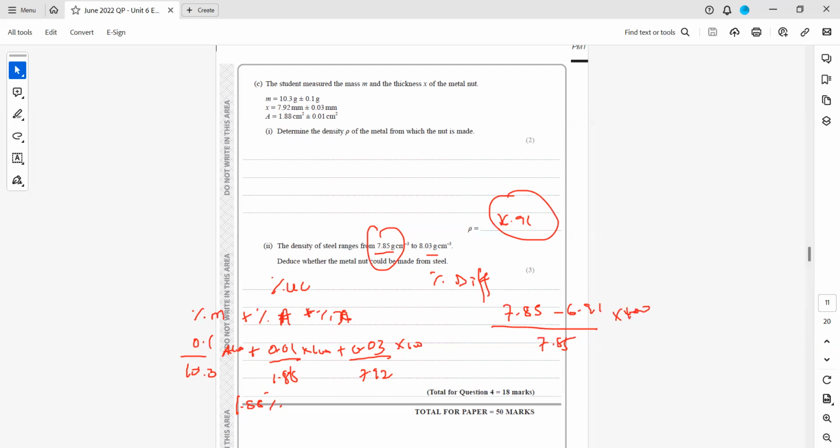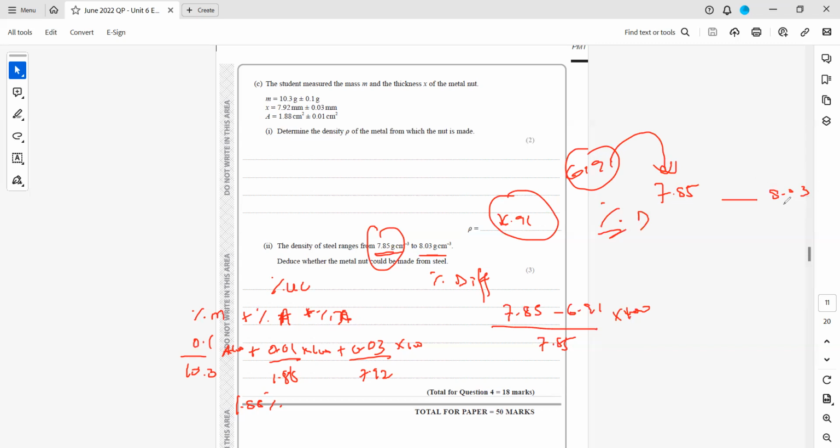Because the range for steel is given as 7.85 to 8.03, if our value is 6.91, which value is closer to us? That is 7.85. That's why we are comparing the percentage difference between these two values.